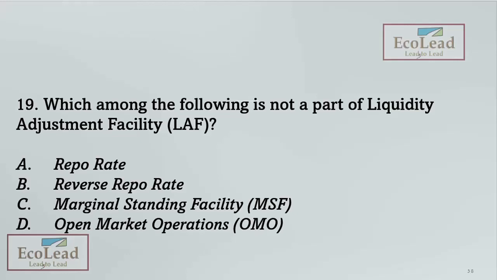The tools include the repo rate and reverse repo rate, which are used by the central bank to manage short-term liquidity in the financial system. So here the options are repo rate, reverse repo rate, obviously these two are included, then marginal standing facility and open market operations. Here I will pause for a few seconds so that you can think about the answer.